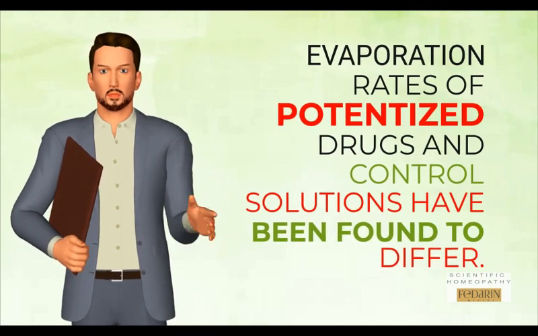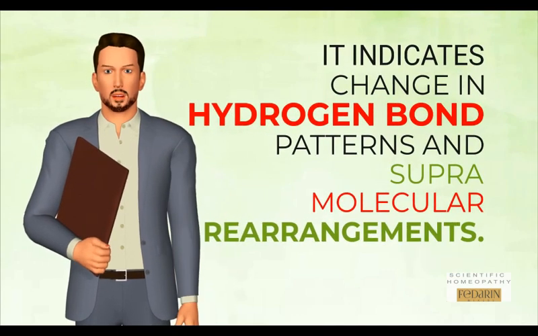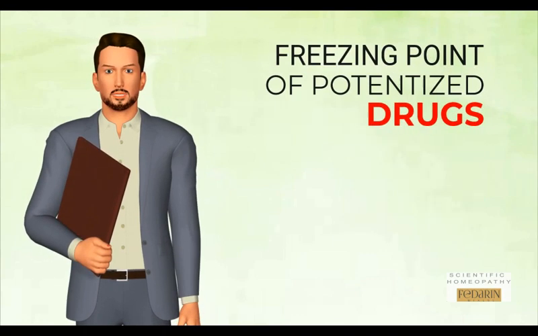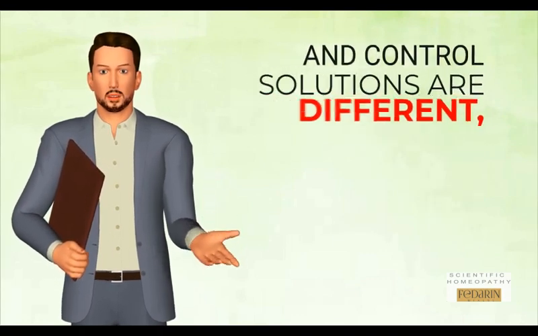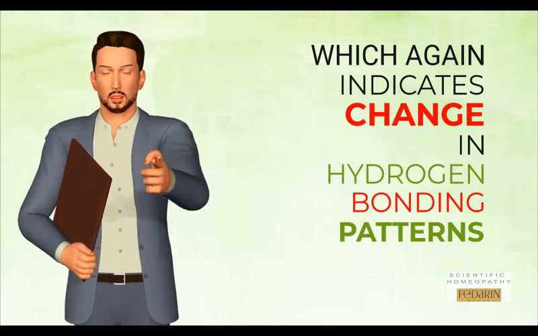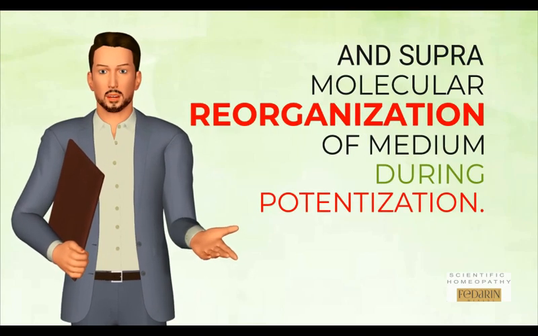Evaporation rates of potentized drugs and control solutions have been found to differ. It indicates a change in hydrogen bond patterns and supramolecular rearrangements. The freezing points of potentized drugs and control solutions are different, which again indicates a change in hydrogen bonding patterns and supramolecular reorganization of the medium during potentization.